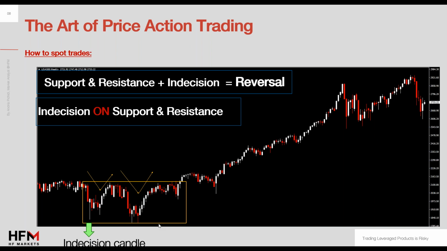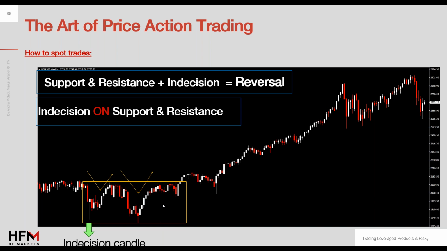I would like to raise your attention also to the possibility of consolidation. Because what we have over here is a consolidation. Why is that? Because we have a repeated ceiling and a repeated floor with the asset just going up and down within the same area. So this is consolidation.